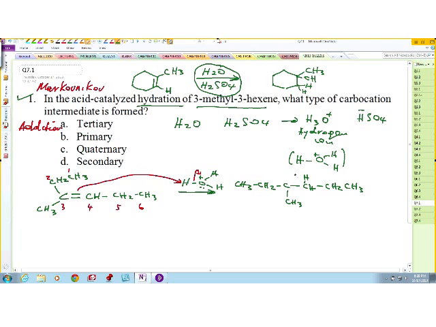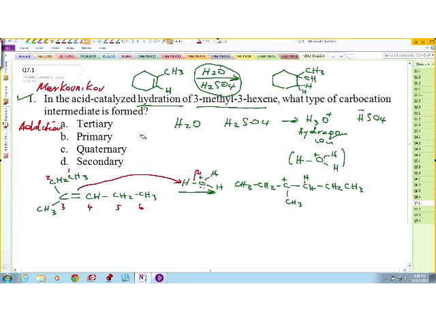Okay? So at this point, the carbocation is on this carbon right here. As you can see here, this hydrogen comes to this carbon here, carbon number 4. And that is right here. And now you have the carbocation.